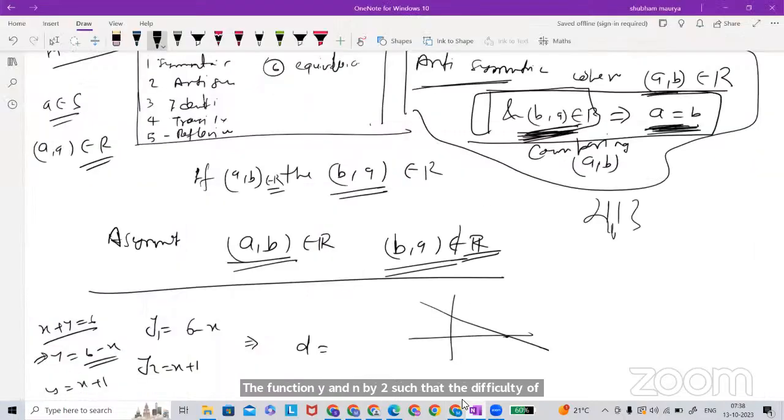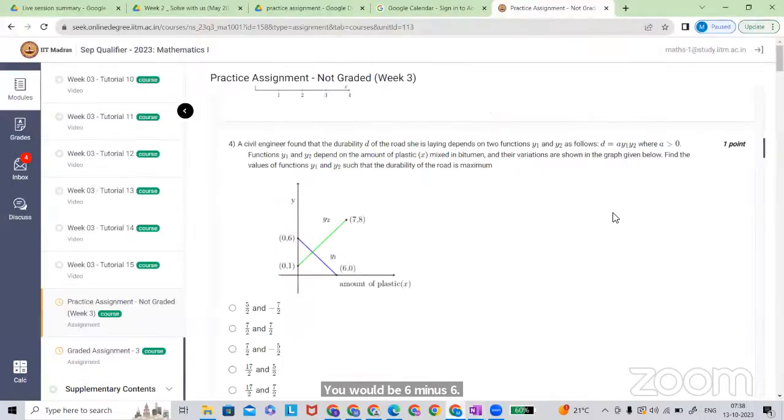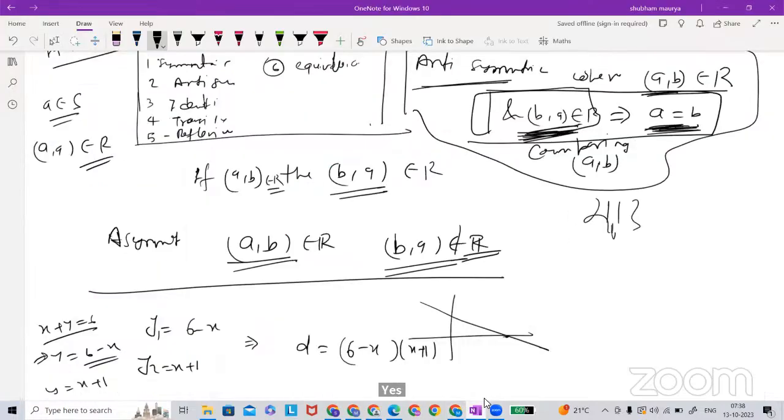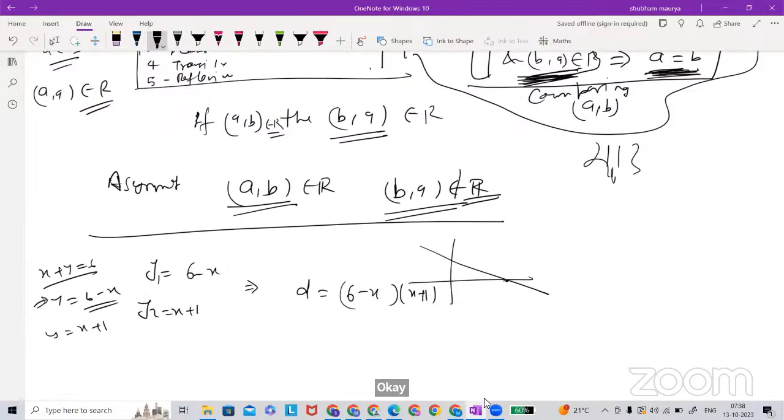So now D will be what? D would be A times (6 minus x)(x plus 1). A is positive, so we can multiply A here.